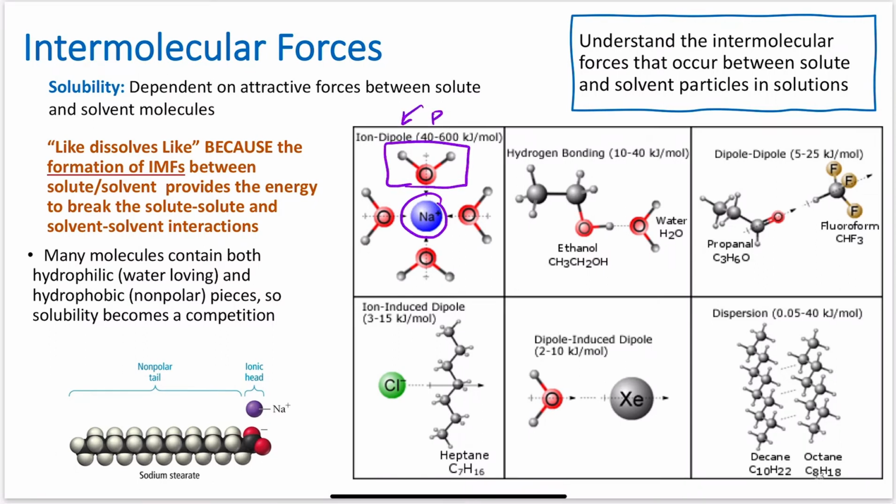Dipole again meaning polar compound. So sodium chloride in water is a perfect example of an ion dipole. You've got an ion, and then you've got a compound that has a permanent dipole in it. We don't say it, but this is a permanent dipole.